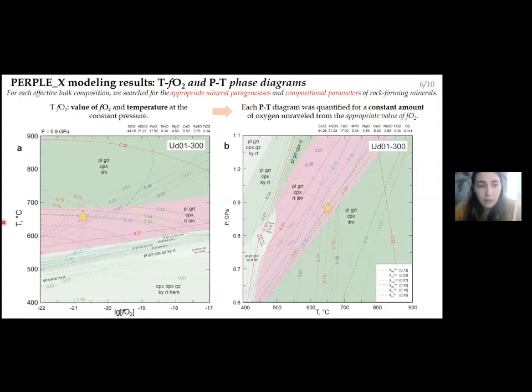Firstly, we calculated temperature-fugacity diagrams to obtain temperature and fugacity values. Then, using the fugacity values, we calculated the amount of oxygen to add to the effective composition and calculated the pressure-temperature phase diagram. And then we obtained the corrected pressure and temperature values.